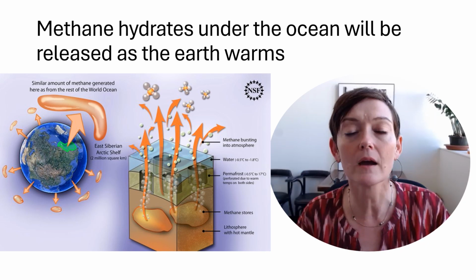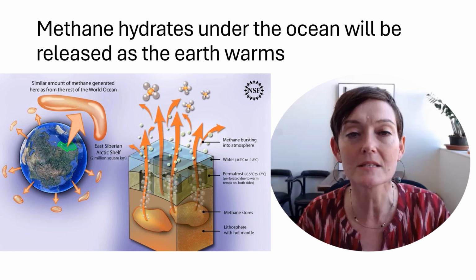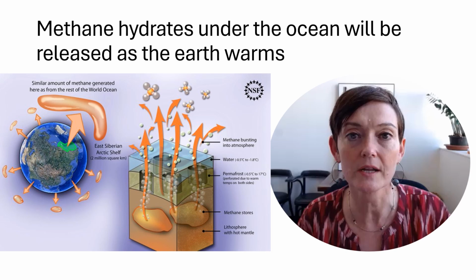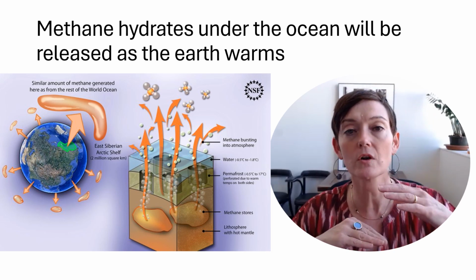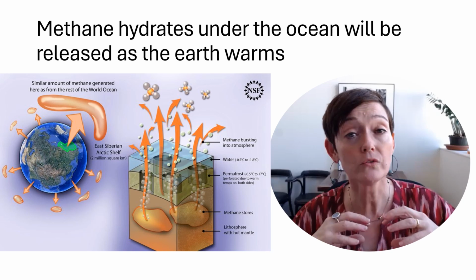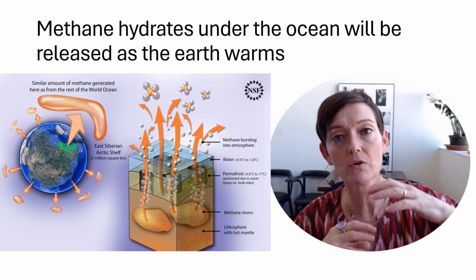What we could potentially see if that happens is something called methane hydrates, which are currently under the ocean and held in a stable form because of the cold temperature and the pressure of the ocean on them.